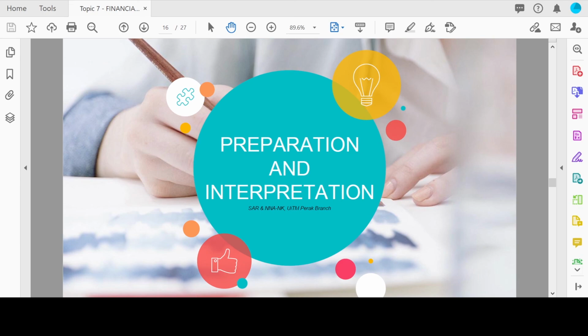You have to extend the work, you have to calculate the ratio, so that you can measure the ability of the business to pay for the debts, to manage their assets, and also to make profit.